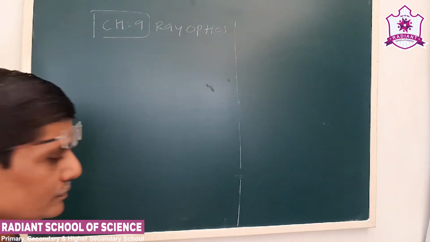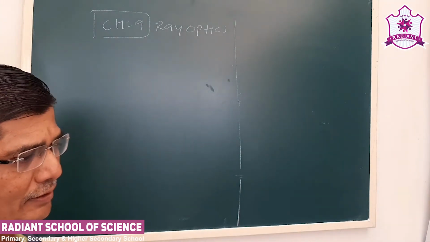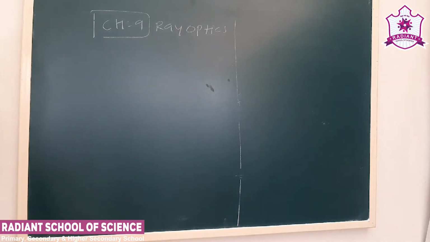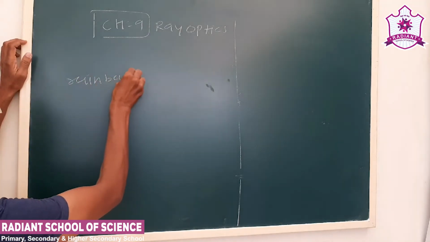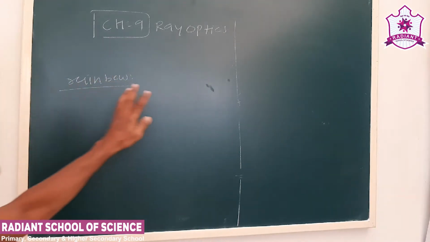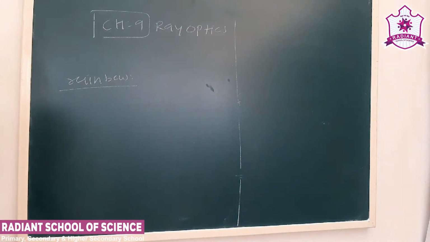Now one of the optical phenomena we see in day-to-day life is the rainbow. You studied the rainbow in the 8th standard in science, then in the 10th standard, and now again in the 12th standard.